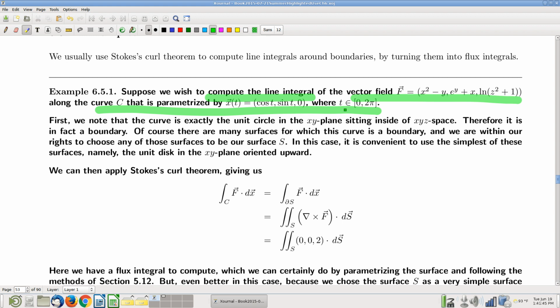Maybe in order to compute it, how about the fundamental theorem of line integrals? That seems like a reasonable candidate. We had big success back in section 6.2, I think it is. We computed several line integrals very powerfully with the fundamental theorem of line integrals. Here's another line integral. Maybe we do that.